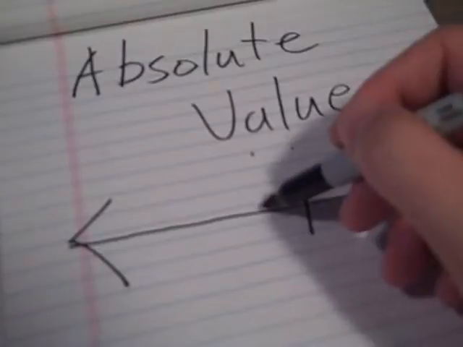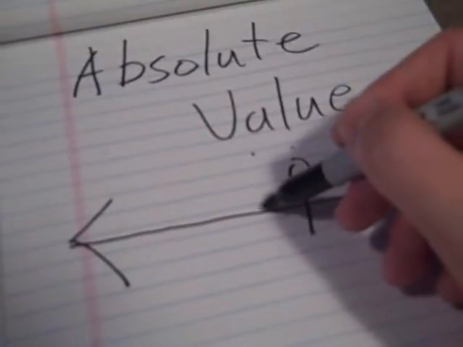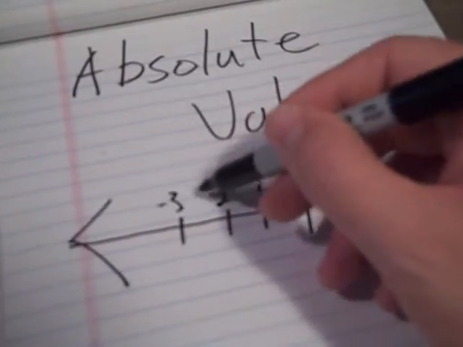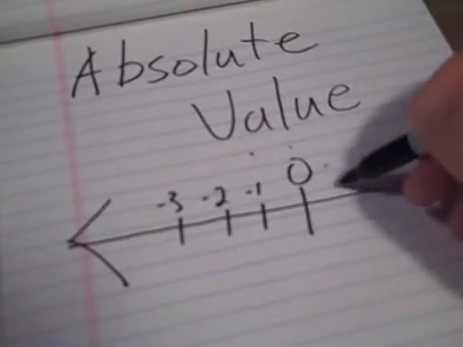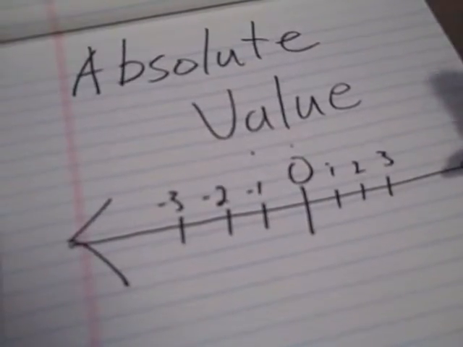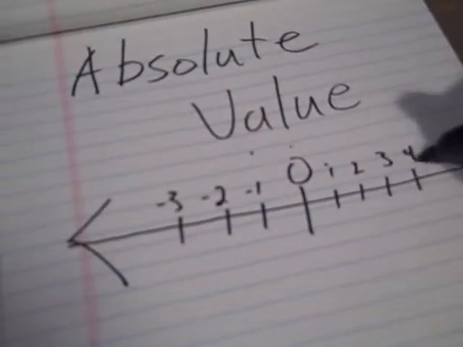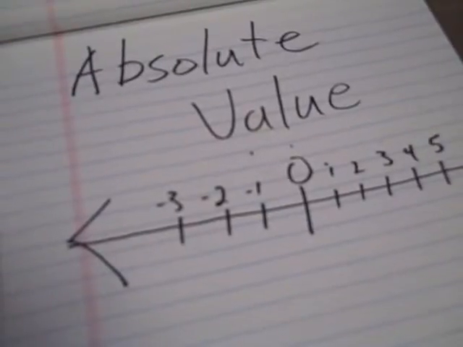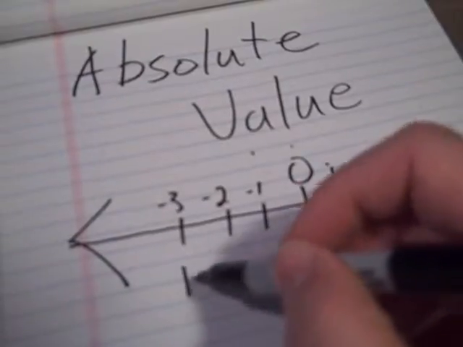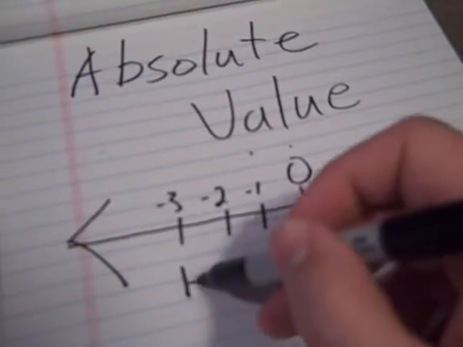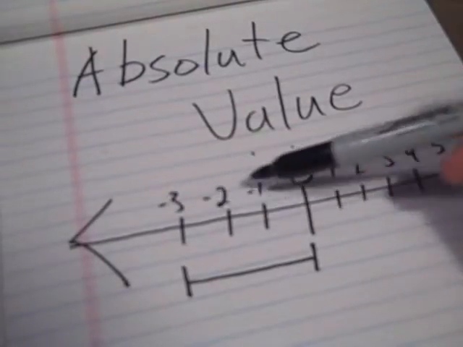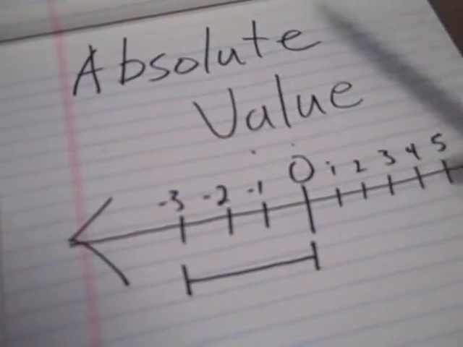And say this is 0, this is 1, 2, 3, and the negative, and 1, 2, 3, 4, 5, and the positive, right? So if you had a distance from here to here, it's -3 to 0, right?